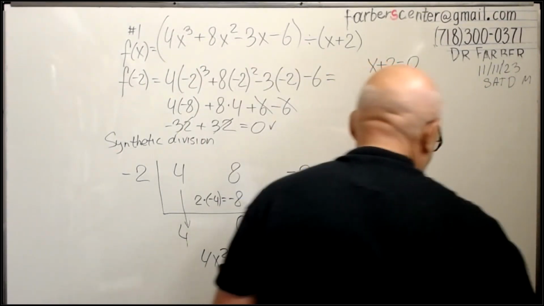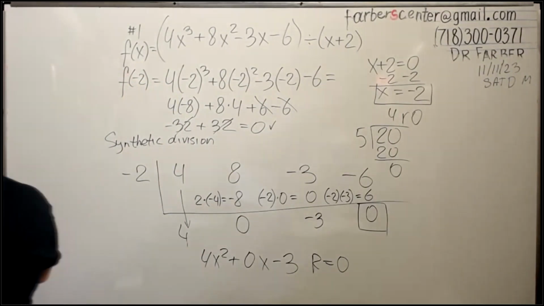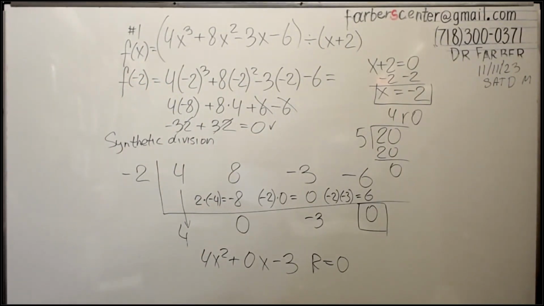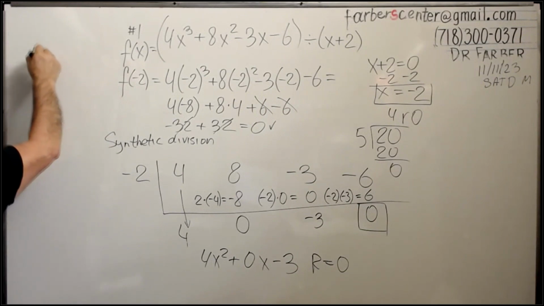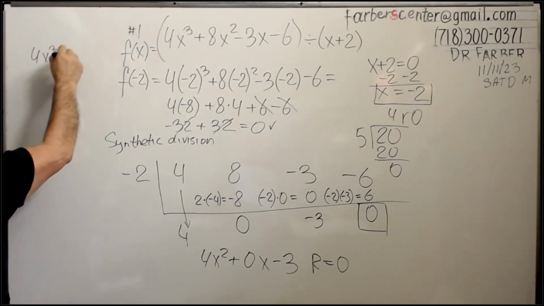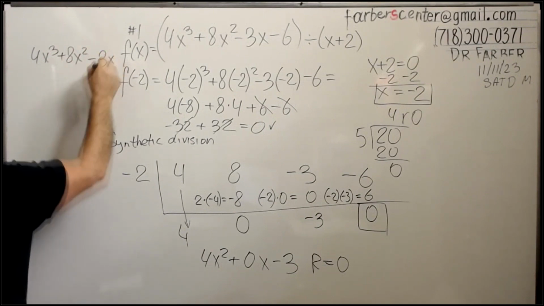Okay, I need more room. Maybe I go to the back. With long division. Okay, what do we have here? All right, here 4x cubed plus 8x squared minus 3x.